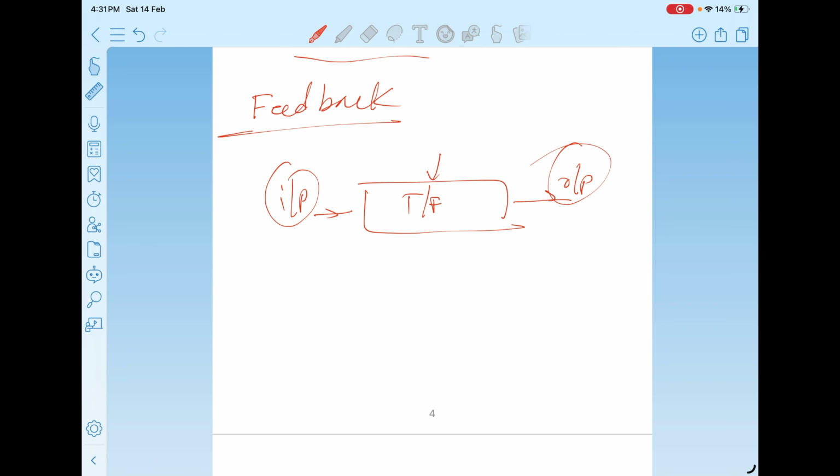This is very simple. That is why it is called open loop control system. It is very simple. There is nothing complex there. Just by varying the transfer function you will be able to control the output, or by varying the input you will be able to control the output. Very straightforward. That is called open loop control system. And there is one more thing called feedback based control system.